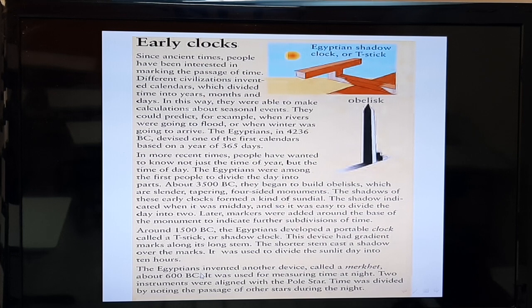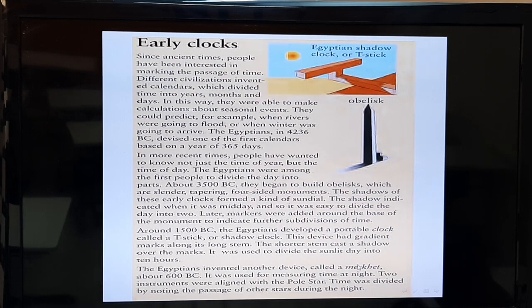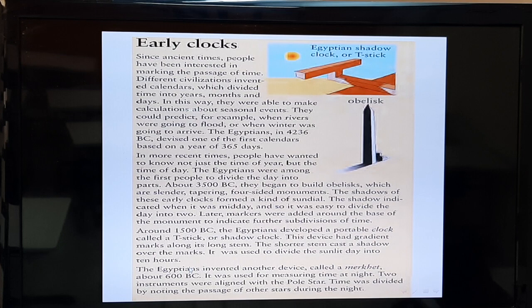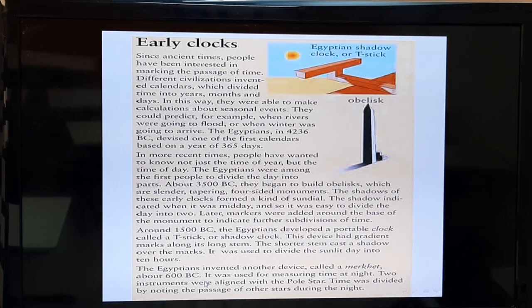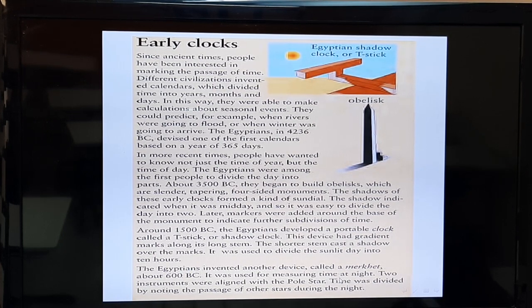The Egyptians invented another device called a merkhet or market about 600 BC. You should know the name and when. It was used for measuring time at night. Merkhet, okay? This is another device invented by the Egyptians about 600 BC, used for measuring time at night.